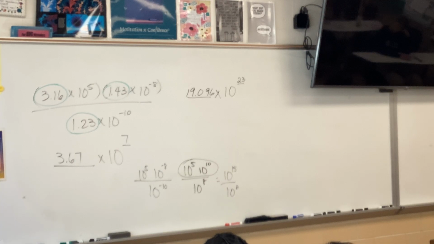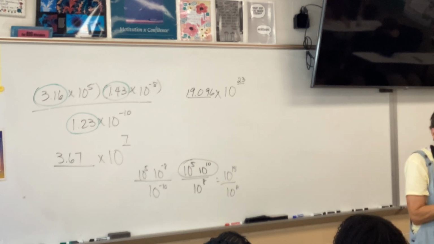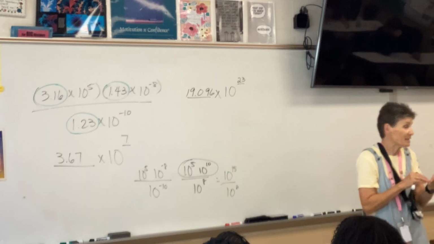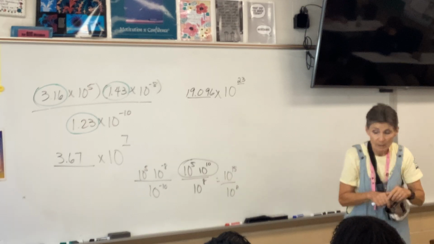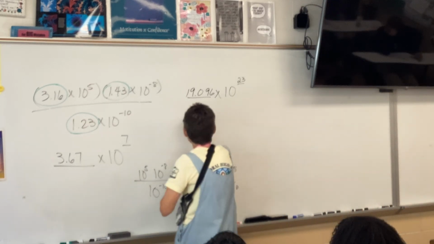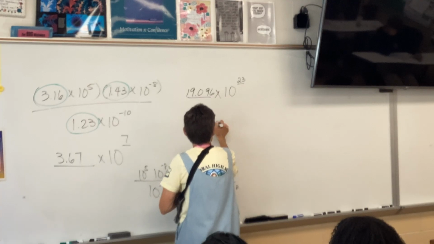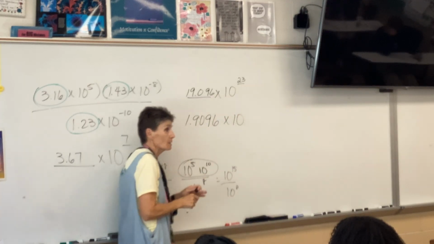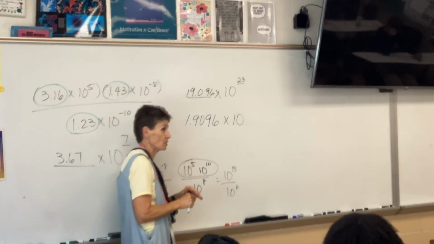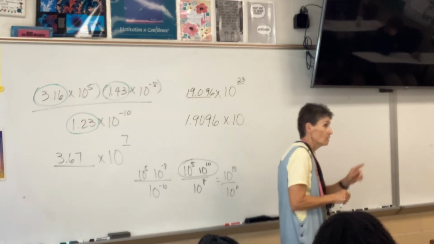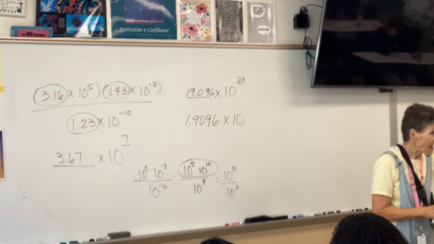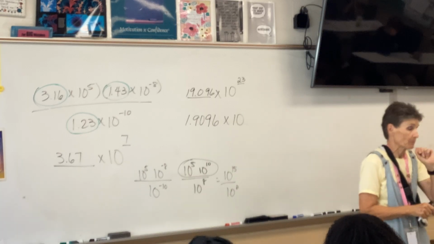Oh, wait a minute. Can that number be 19? No, it is 19 when I type it in on my calculator. But if I am supposed to be writing scientific notation, can that number be a 19? No, it has to be 1.9096. Because in scientific notation, the decimal point goes right after the first number.